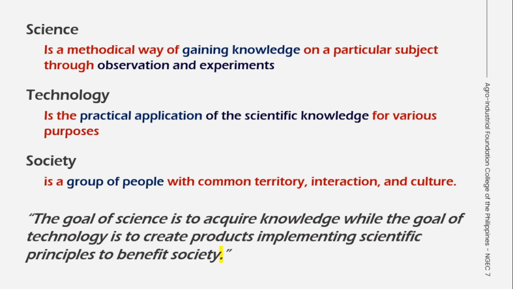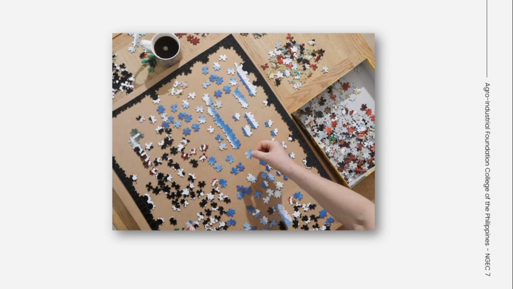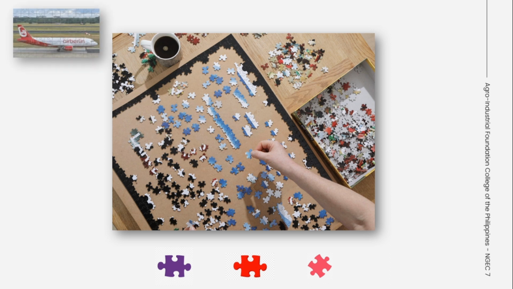Now, we may compare science and technology to a jigsaw puzzle. In a jigsaw puzzle, we begin with a blank piece of canvas. Blanco. And then as time passes by, puzzle pieces are added to the canvas. Later, we discover that a combination of these puzzle pieces enables us to create specific pictures.